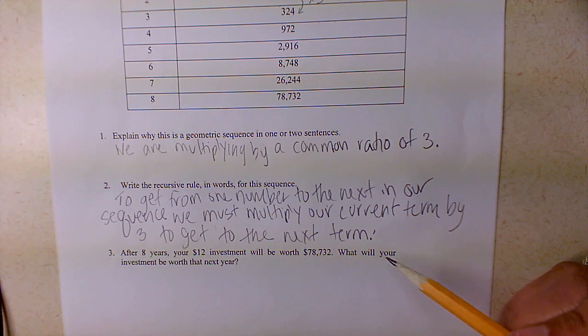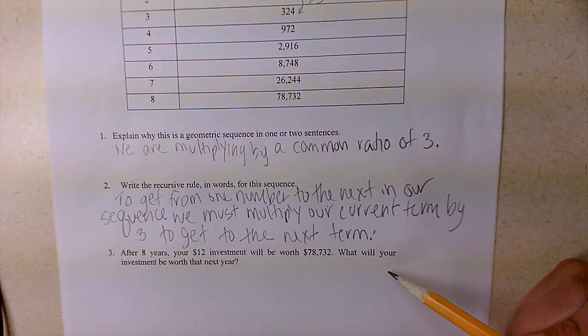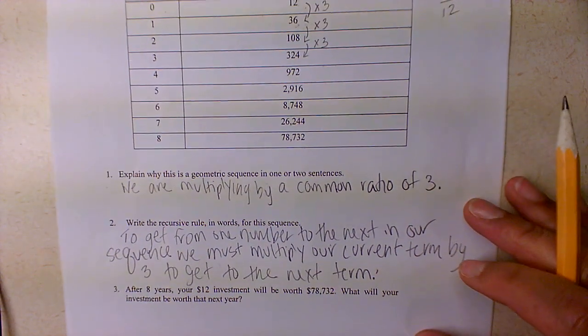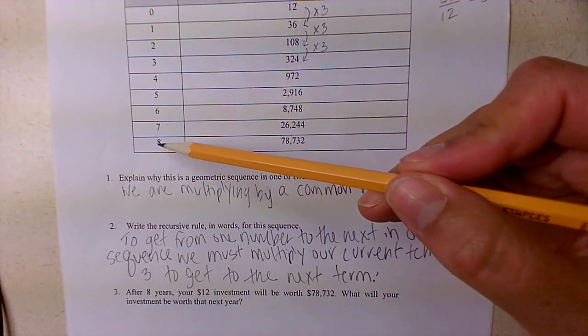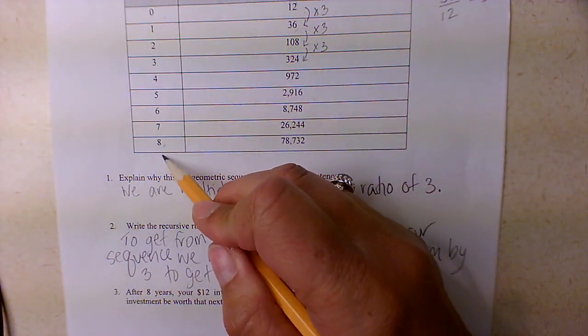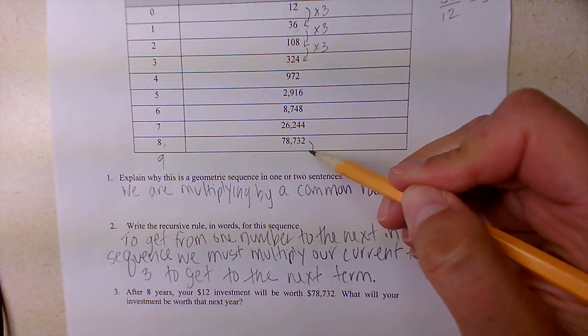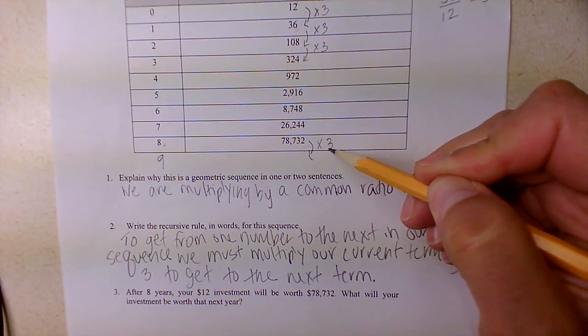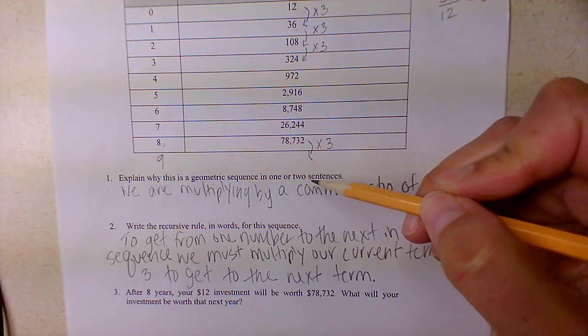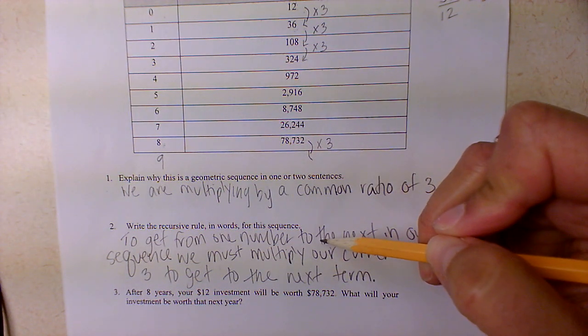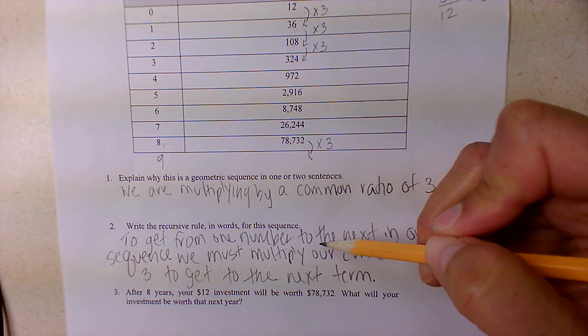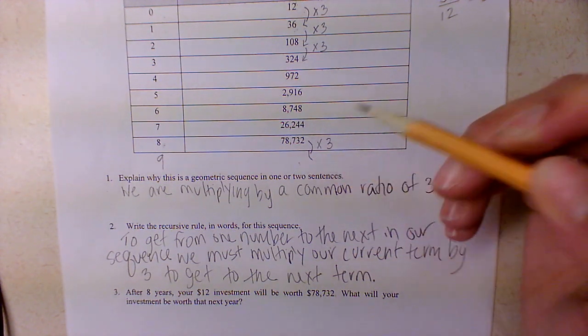All right, let's see what the question is. What will your investment be worth that next year? So here we have our years. Here's year 8. So we have to go to that next year, year 9. And so what we have to do is multiply this by 3. So we're getting to that next term. So we're using our recursive rule that we wrote out in words to be able to actually get to that next year.